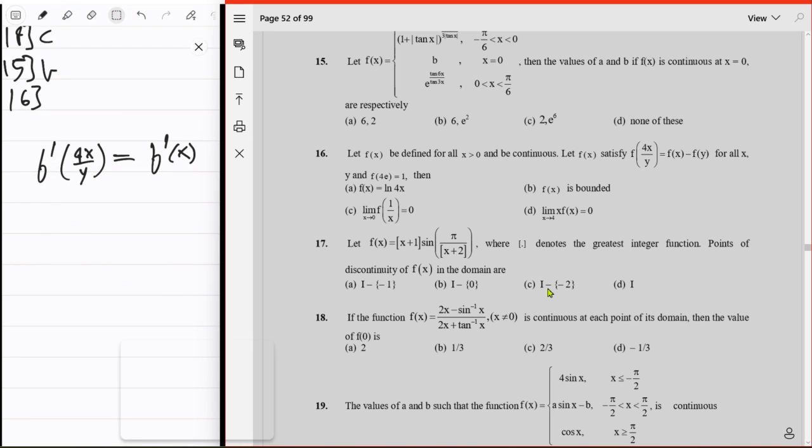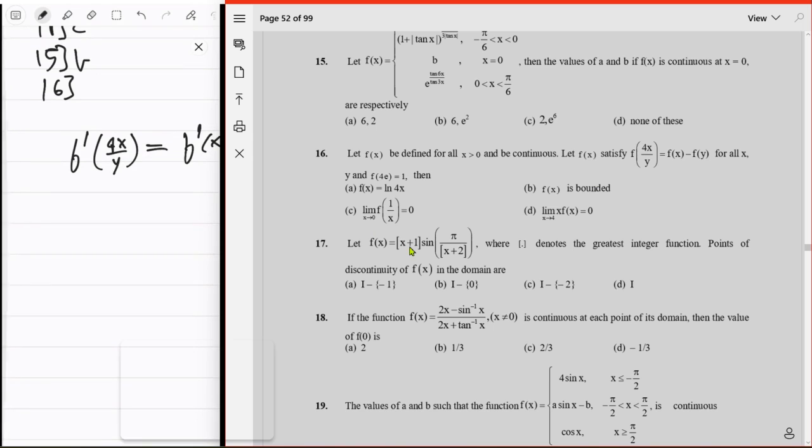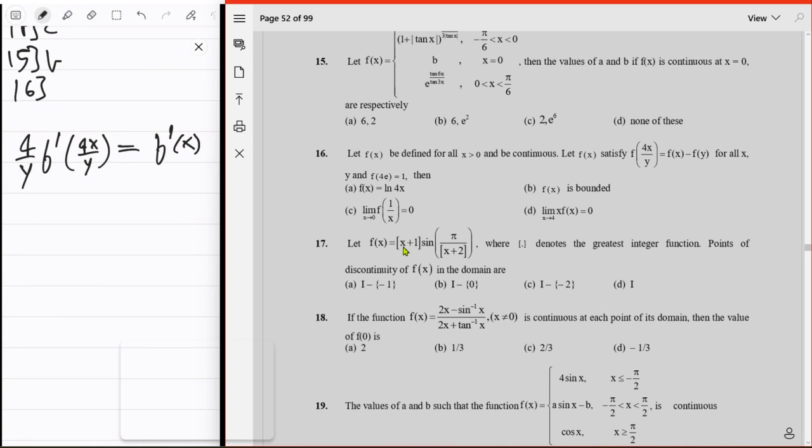When we differentiate with x, it's f dash of this thing, but then the inside stuff should come out, so it's 4 upon y and then all of that. We should have done that. Now what? f dash of x is equal to f dash of 4x times 4, it seems. It's not helping.